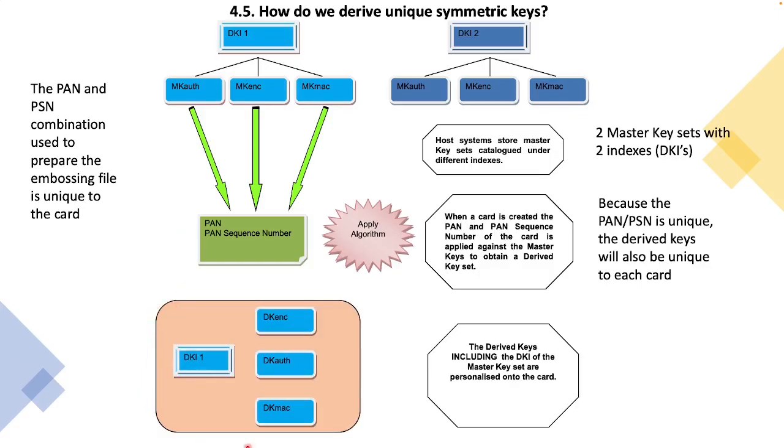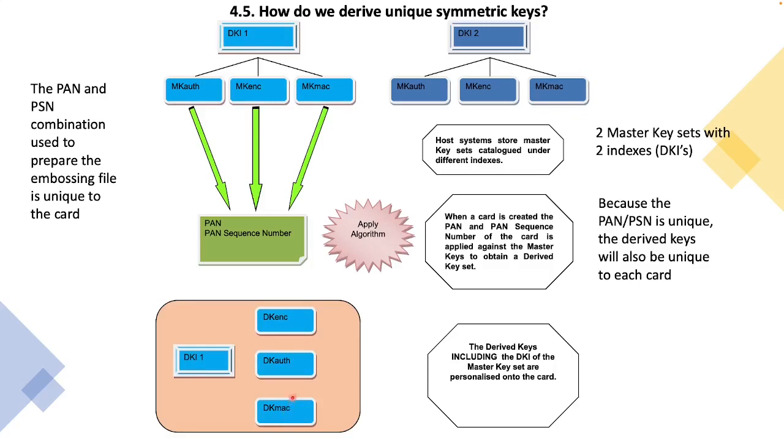So here's our card, our chip, and what happens is we take the MK auth, apply the PAN sequence number with the algorithm, and what we end up with is a DK auth. We take the MK enc, apply the PAN sequence number and the algorithm, and we end up with a DK enc. Then we take the master MAC key, apply the PAN sequence number and the algorithm, and we end up with a derived MAC key.